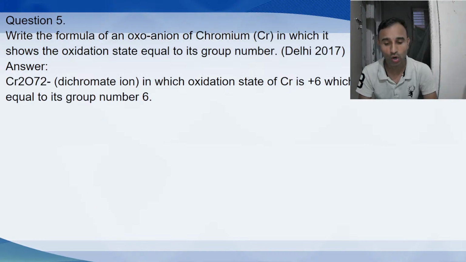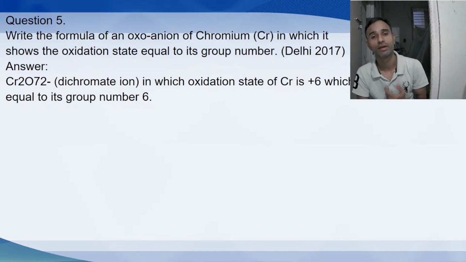Write the formula of an oxoanion of chromium, in which it shows the oxidation state equal to its group number.